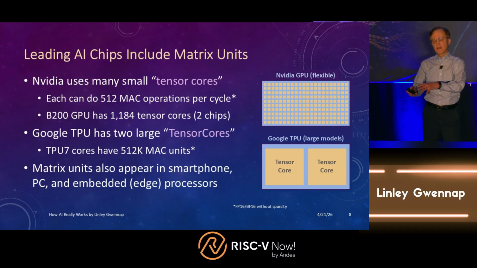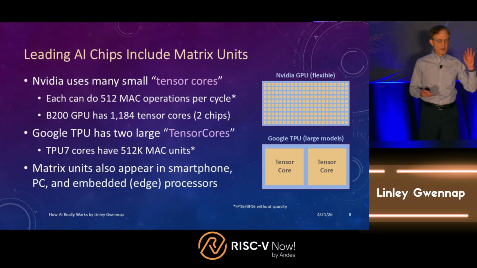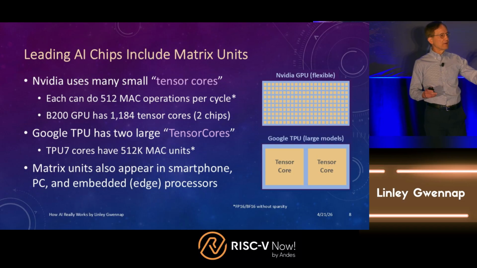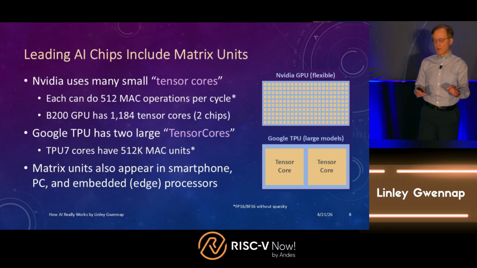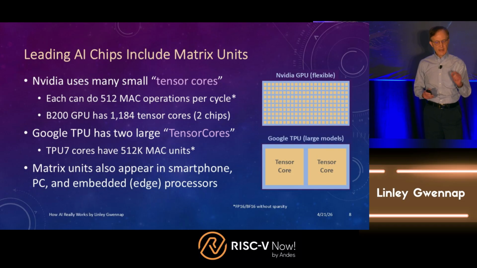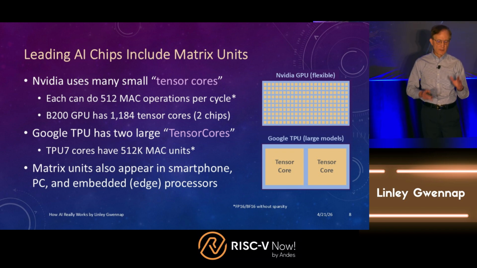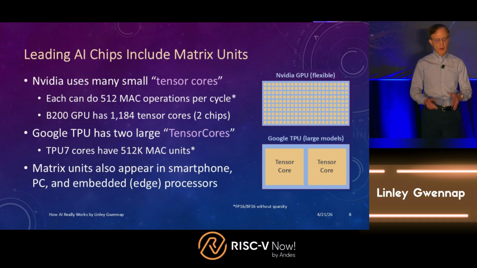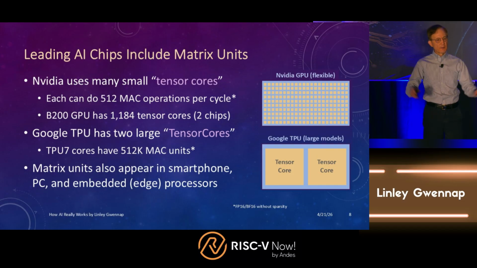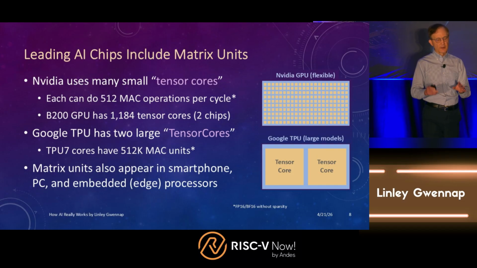What Nvidia is doing, however, is saying, okay, we have to deal with a lot of different customers. Maybe they have big models, maybe they have smaller models. So it's more flexible to use smaller cores, and then we can map whatever you need onto these cores. So because of the different customers and the different workloads, Nvidia has chosen a different approach, but fundamentally they're both based on these same matrix units.